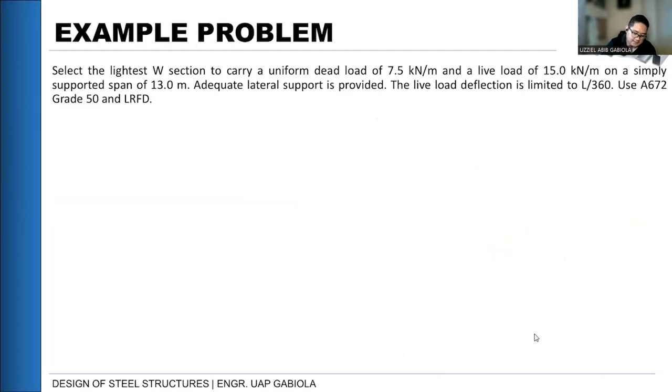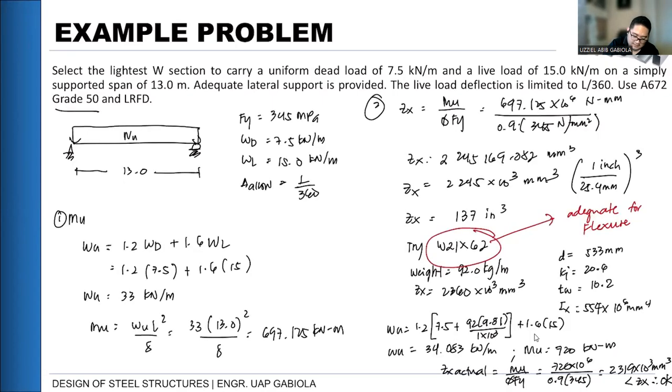Okay? So next is kailangan calculate natin yung kanyang shear capacity. So shear capacity natin is Vn is equals to 0.6 Fy AW tsaka CV. So H over TW is equals to D minus 2 K1 all over TW. So based from the previous slide, ito yung properties natin.